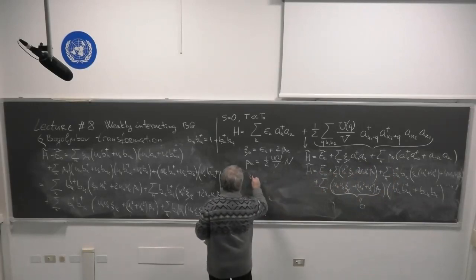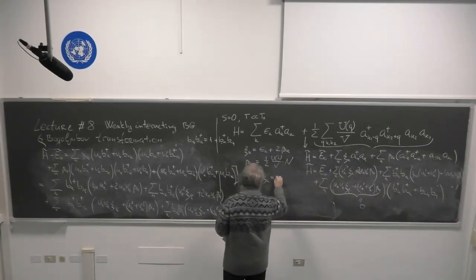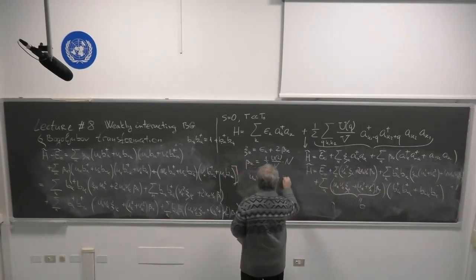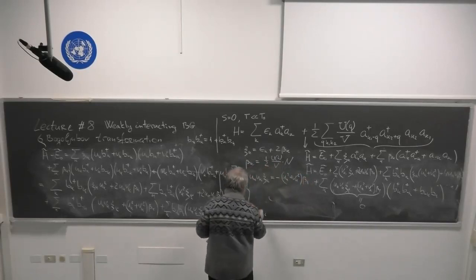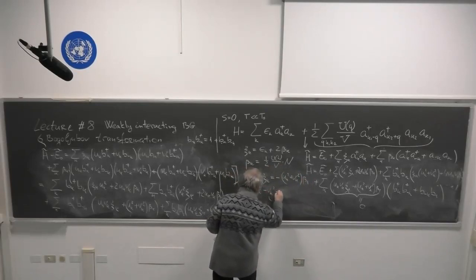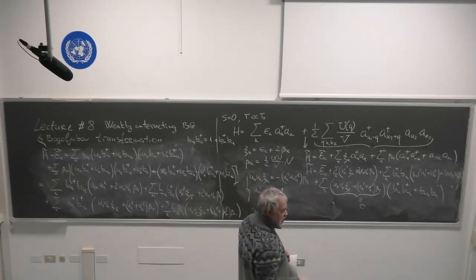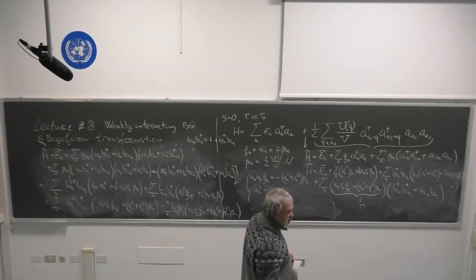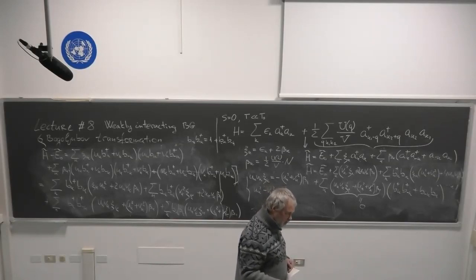So UK VK psi K should be equal to minus UK squared plus VK squared times beta K. And at the same time, you remember that UK squared minus VK squared is equal to 1. I remind you that I do it in a parameterization U and V. You do it at home with parameterization cosh theta K, sinh theta K.